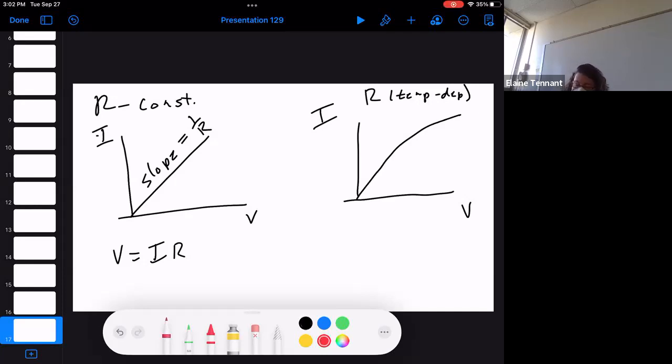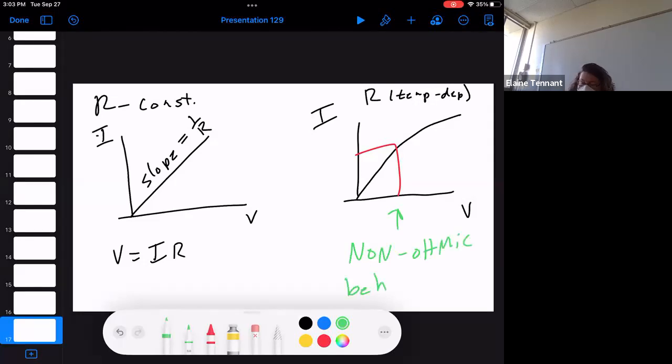When it's cool, fine, it'll work, no problem. It looks the same. But then I put more and more voltage across it, it heats up, my resistance increases, and my current cannot increase as much. So this is non-ohmic behavior.